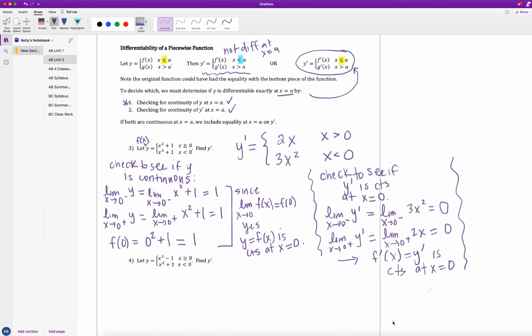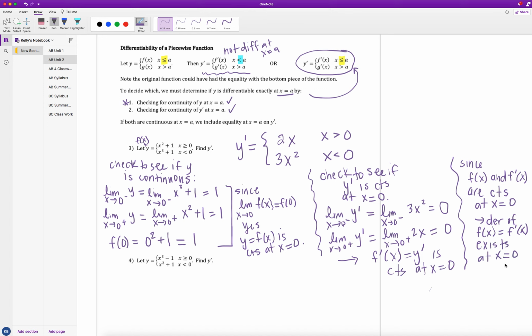Now what that tells us overall is that since both the original function f of x and f prime, so I needed both of these to be continuous at our breakpoint, are continuous at x equals 0, then the derivative of f of x, which would equal f prime of x, using our notation, exists at x equals 0. That's ultimately what's happening here.